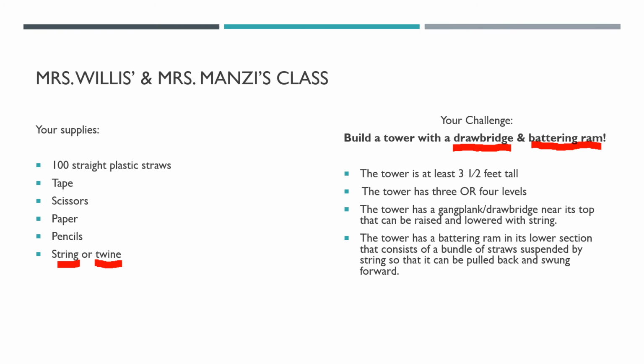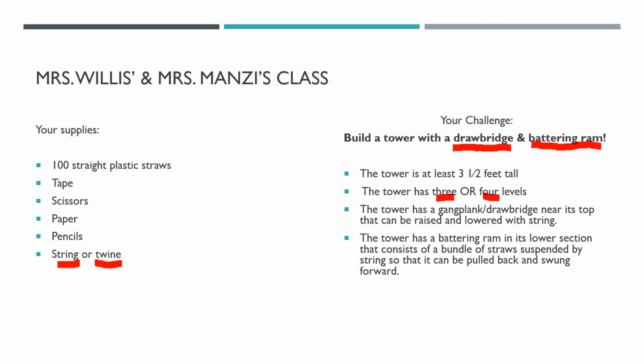Your height requirement is that your tower is at least 3.5 feet. The tower should have 3 or even 4 levels. It can't have 5. The tower has to have a gangplank or a drawbridge near its top. It can be on level 3 or 4, it does not matter. And that can be raised or lowered with a string. So that's where your string or twine is going to come in. You can even use thread at home if that's better.